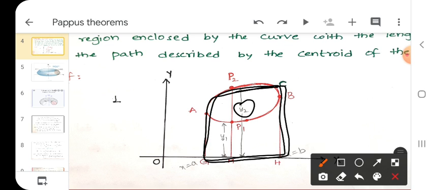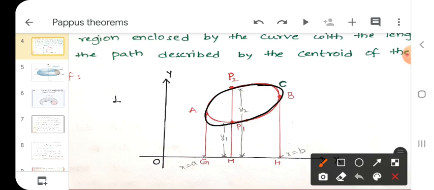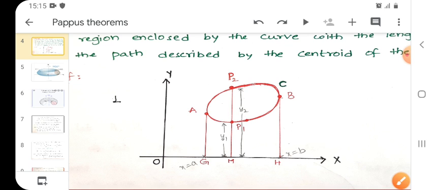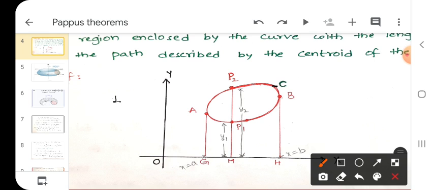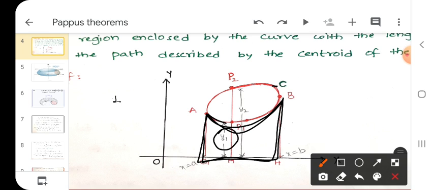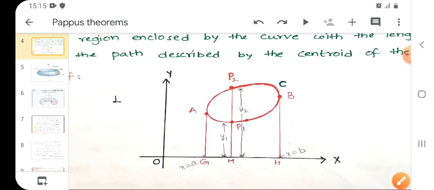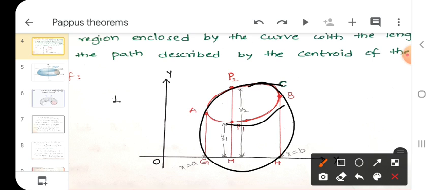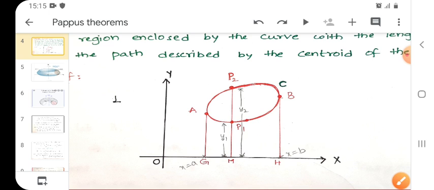But we want only this closed curve area. So I subtract the area below from the total. This is the y1 area. The total denotes the y2 area and the below part denotes the y1 area. If we subtract the y1 area from the total, we get only the closed curve area.